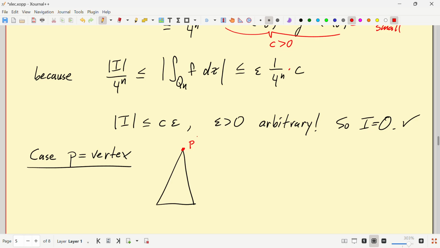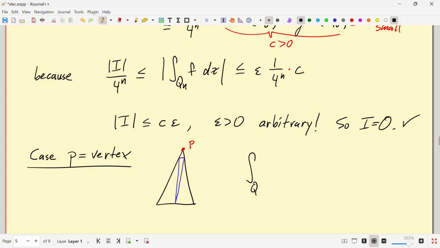The clever thing to do here is to cut the triangle into a tiny triangle near the vertex, and then make this triangle, and then do the usual routine.